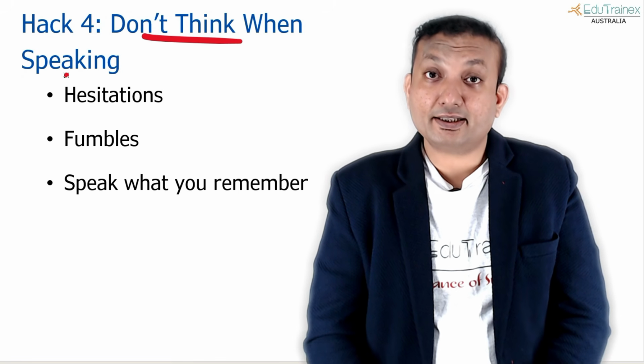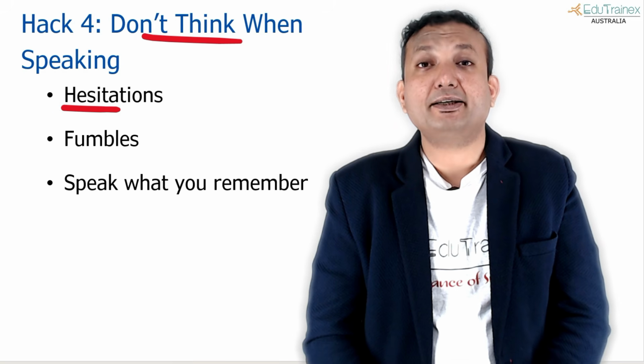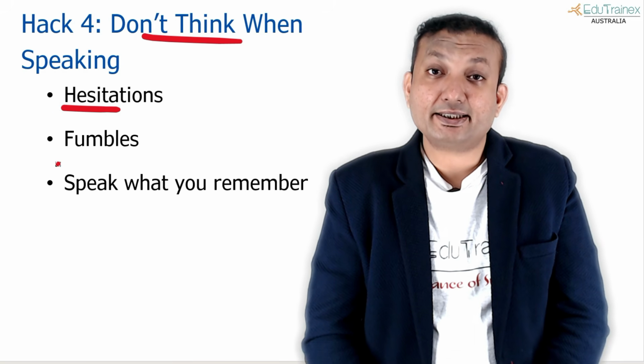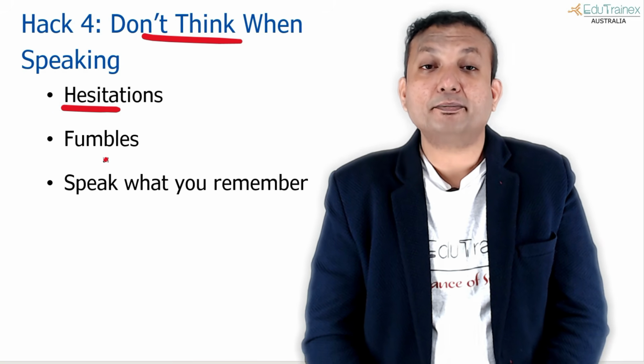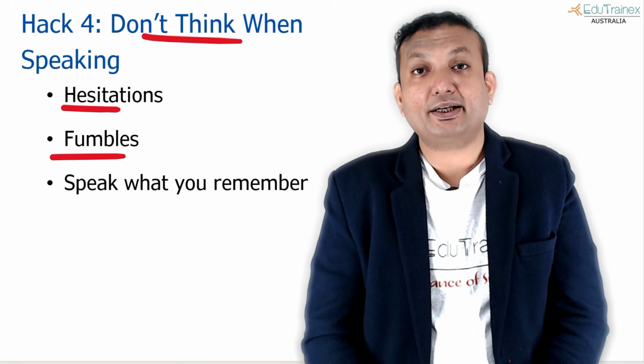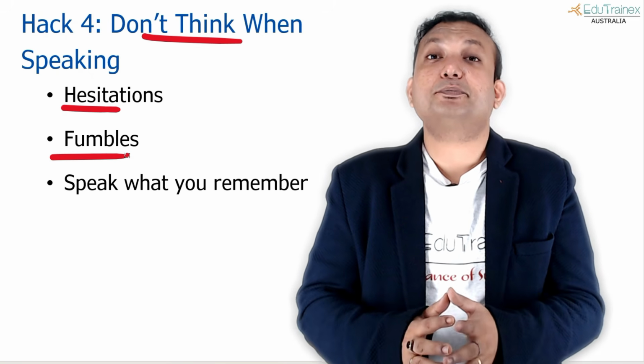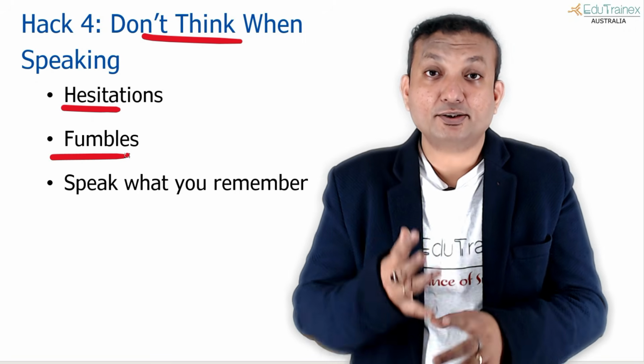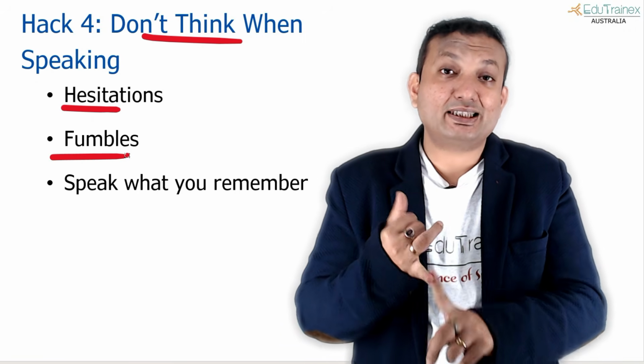So number one thing, as I already told you in every speaking module, is the hesitations and fumbles. You need to avoid them at any cost. Okay, so I shared these tips in one of my previous videos as well. So step number one is to work on your hesitations.